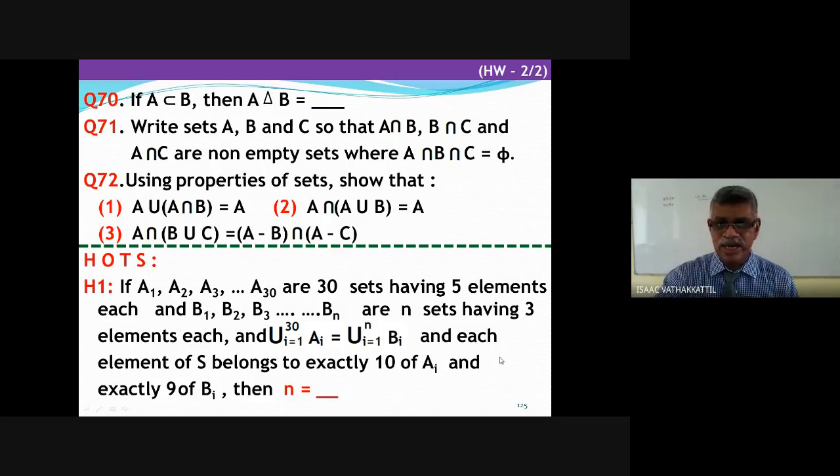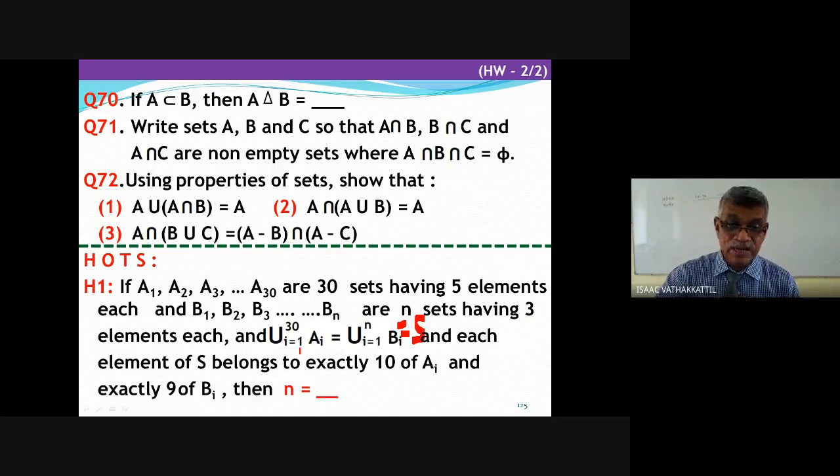What is S here? S is nothing but this union, I call it S, the union of these two sets. Each element of S belongs to exactly 10 of Ai and exactly 9 of Bi.